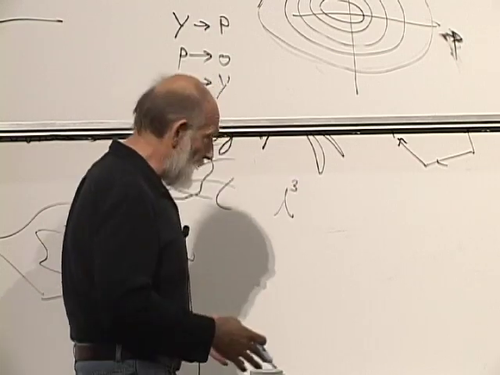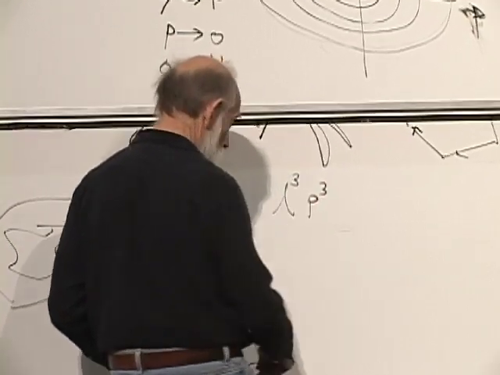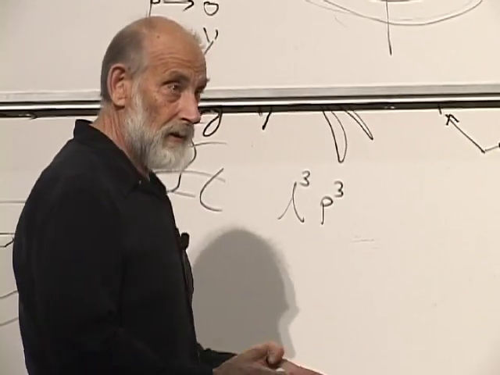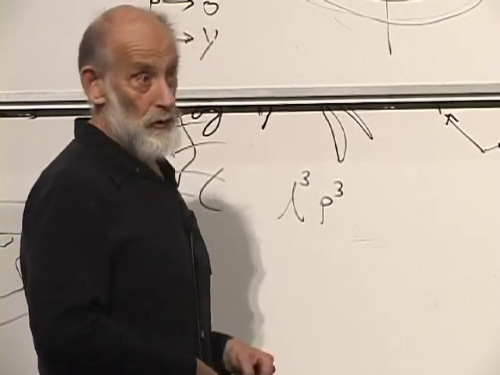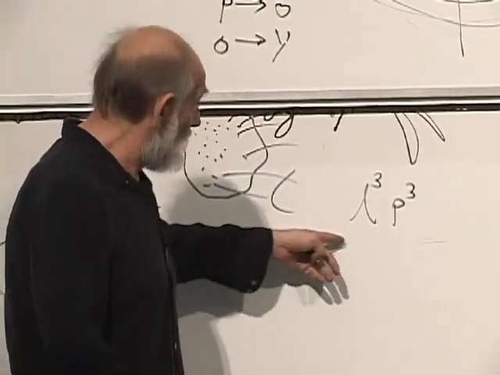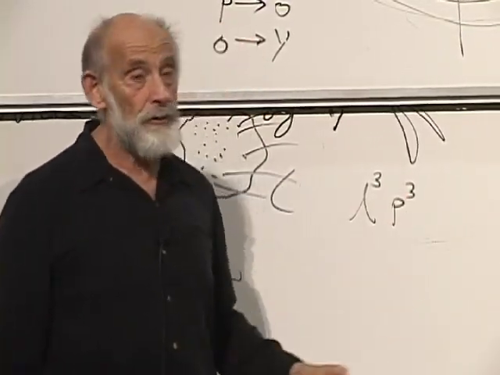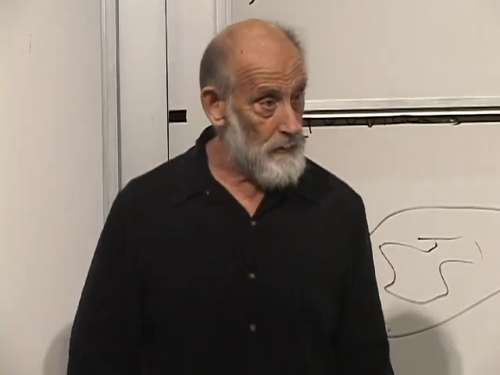A volume in phase space has units of length cubed times momentum cubed. It's a 6-dimensional little volume element, built from length times momentum, which is called action. So length cubed times momentum cubed is called action cubed. So it's volume in phase space, not volume in ordinary space.